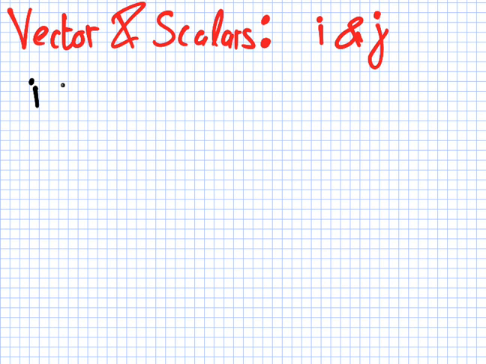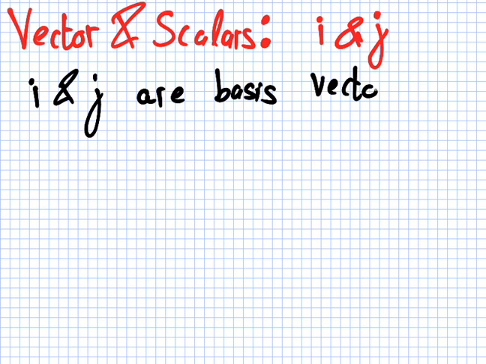We don't like that we have to draw our vectors. So we're going to use these two special vectors called I and J. They're called basis vectors.